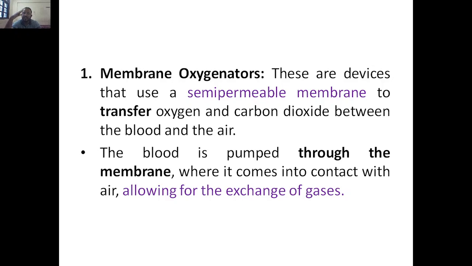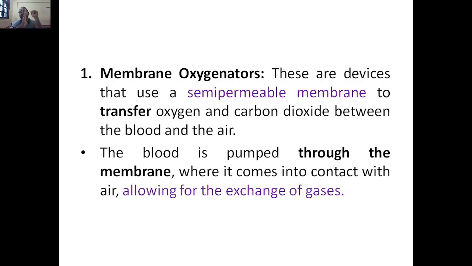So it's very simple. This artificial lung uses a membrane, which is permeable only for two gases. When air is going from the machine to the blood vessels, only oxygen will be allowed, so only oxygen will enter into the blood. That means this membrane will act as a purifier here.